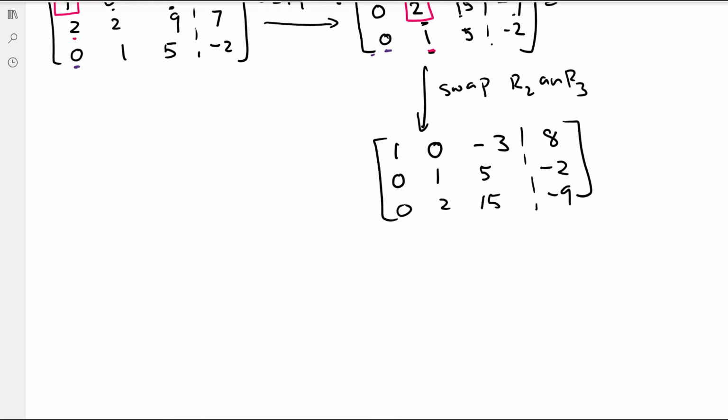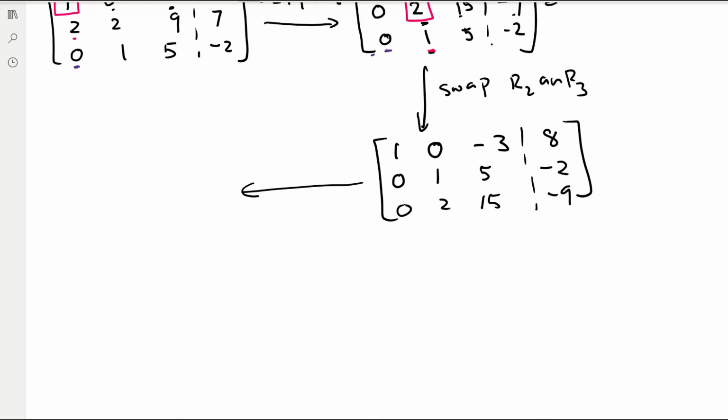If possible, try to avoid division when you are doing row operations, because if you create fractions, it's an additional algebraic burden and it's prone to more simplification errors. I would rather do one extra operation like swapping if it's avoidable. If fractions are unavoidable, well, there's nothing you can do about it, right?